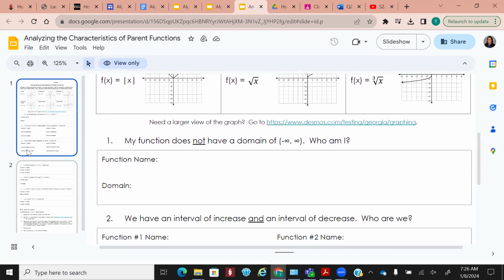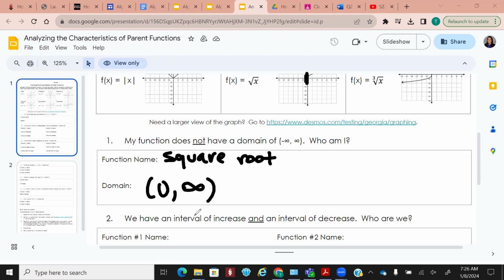So I'm going to write square root. And does everybody see where I got that from? Okay. Now, what is the domain of the square root function? Where does it start? What's the leftmost x value? 0. And how far to the right does it go? Infinity. It keeps going on forever, right? We okay on that one?